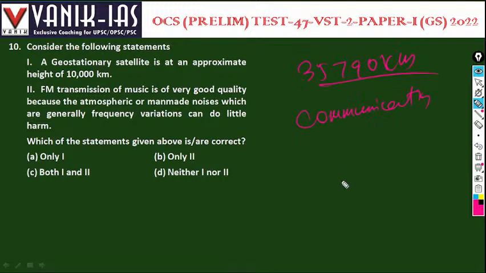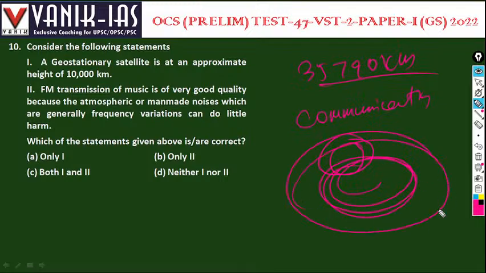At geostationary orbit it has the same angular velocity and direction as the Earth. The way Earth is rotating, it also rotates around Earth. That's why it is called geostationary.